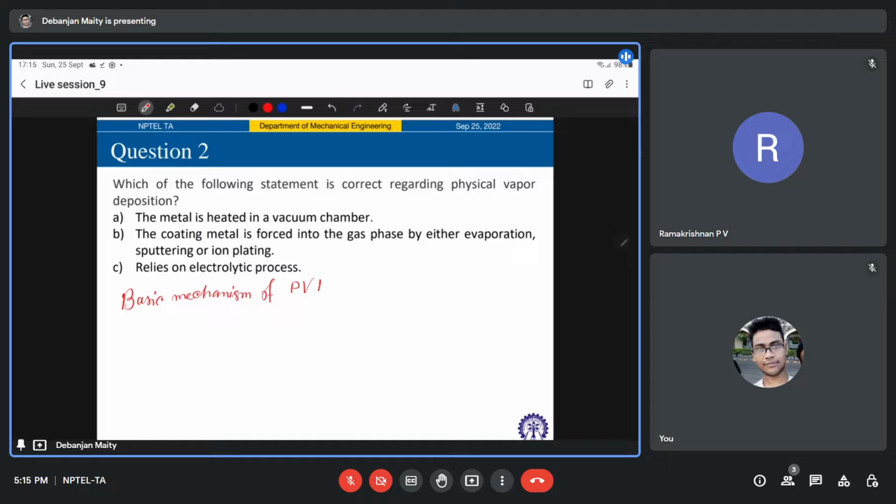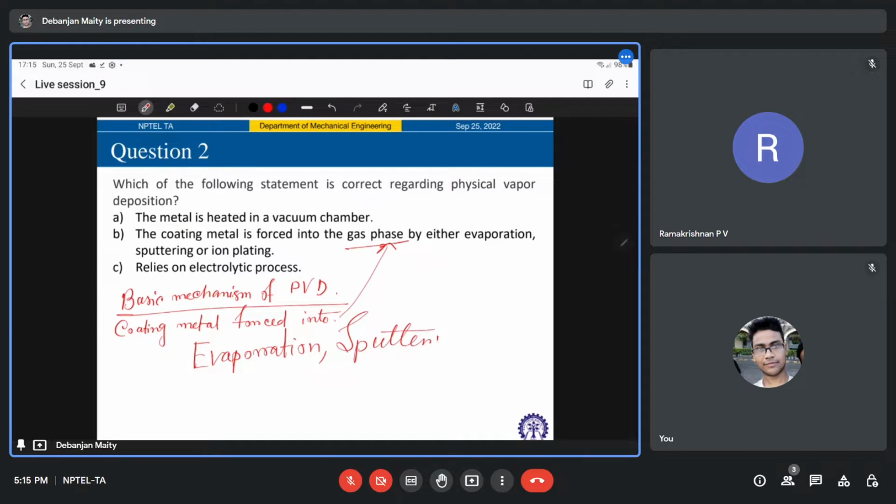So the basic mechanism of physical vapor deposition is the coating metal forced into the gas phase by either evaporation, or some kind of sputtering, or an ion plating method, right?